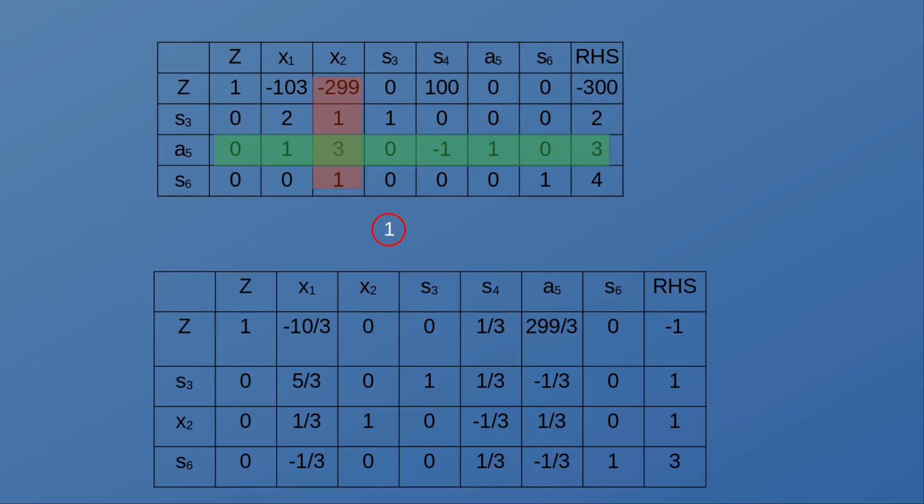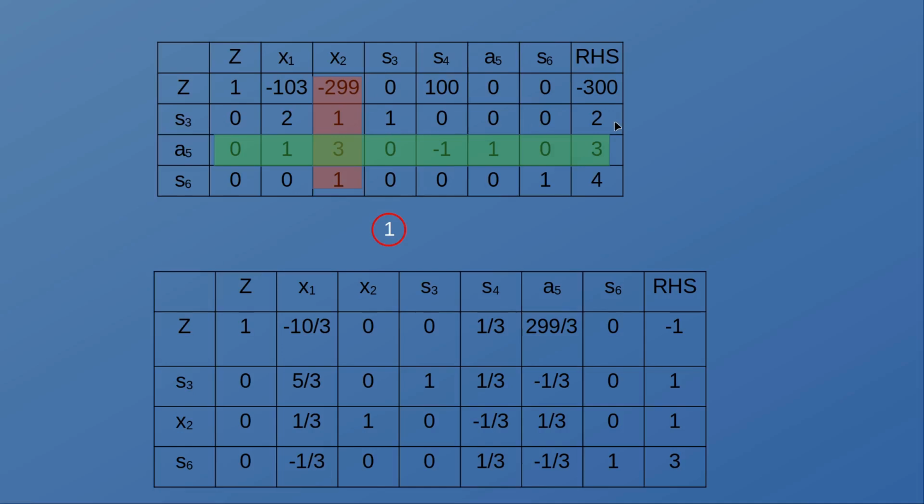Here, x1, x2 and s4 are nothing but the non-basic variables for which we have to get a solution. Okay, I hope you have got it. Now, x1 is 0, x2 is 0 and s4 is 0.